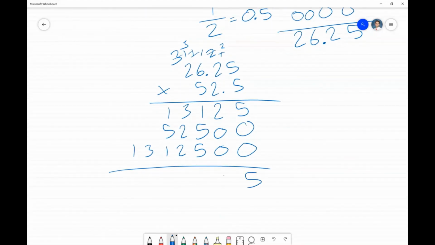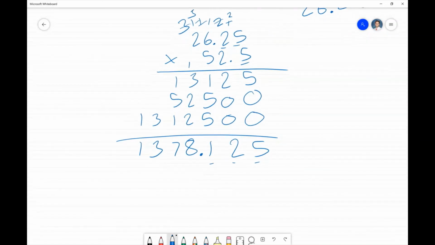We have 5, 2, 1 plus 5 is 11. 1 plus 3 is 4, plus 2 is 6, plus 2 is 8. 1 plus 5 is 6, plus 1 is 7, 3, and 1. Now, we have 3 decimal places, so we need 3 decimal places. And the total square feet of tarp that we would need in this case would be 1,378.125.